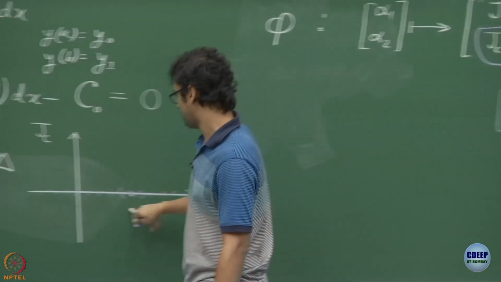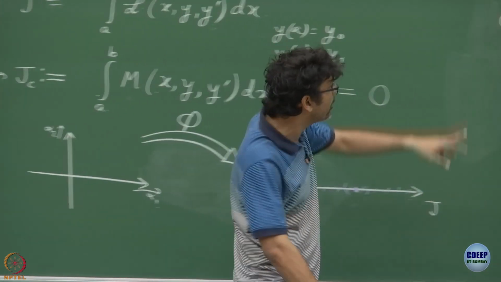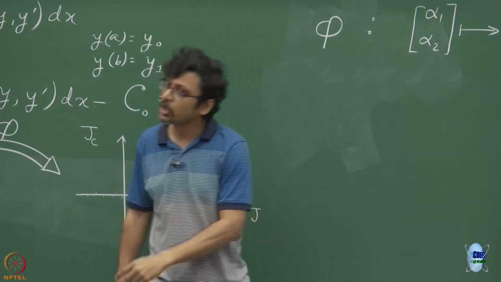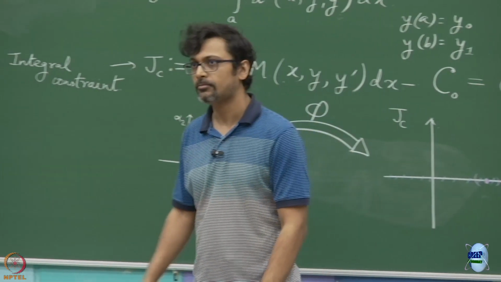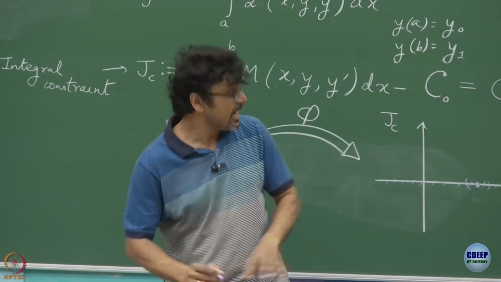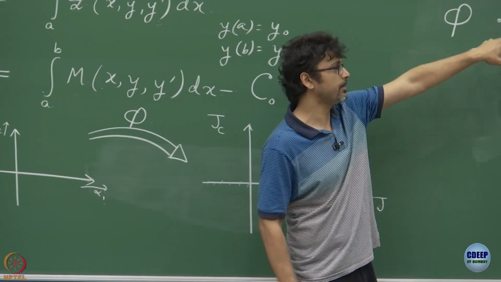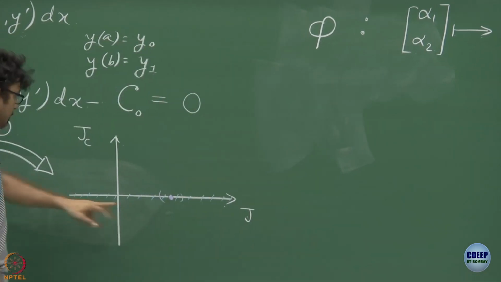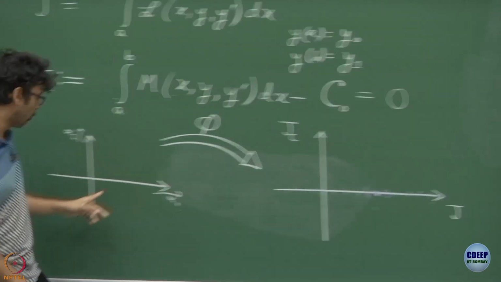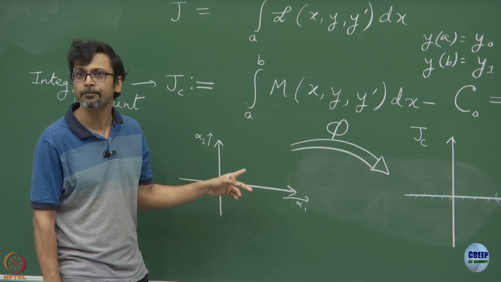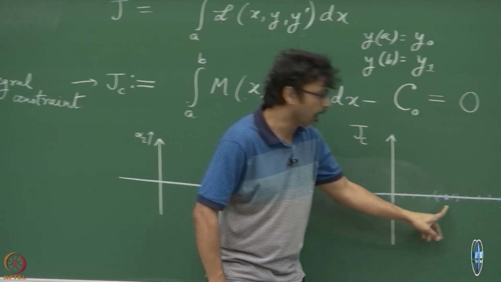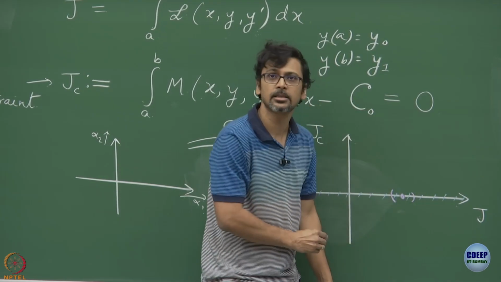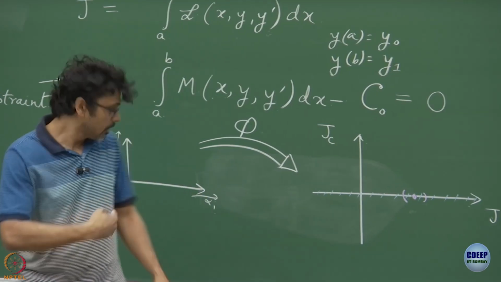Now if the Jacobian of phi with respect to alpha 1 and alpha 2 is non-singular, I am taking one more step back. If the Jacobian of phi with respect to alpha 1 and alpha 2 is non-singular at a certain point, the alpha 1 and alpha 2 that I have picked up here, which has landed me up here, then in a small neighborhood around this, I will be able to do a bijection and map it back here.